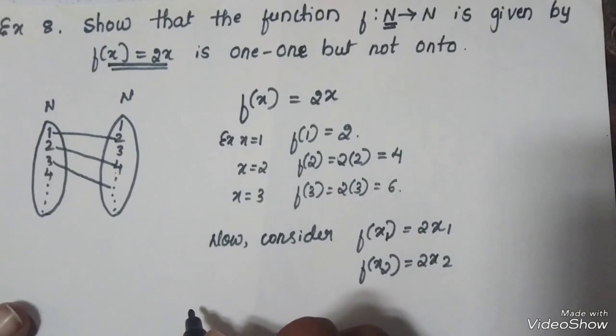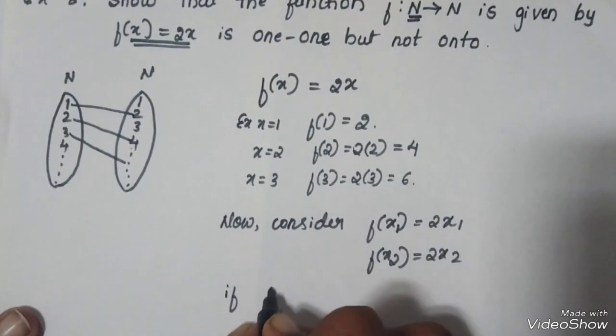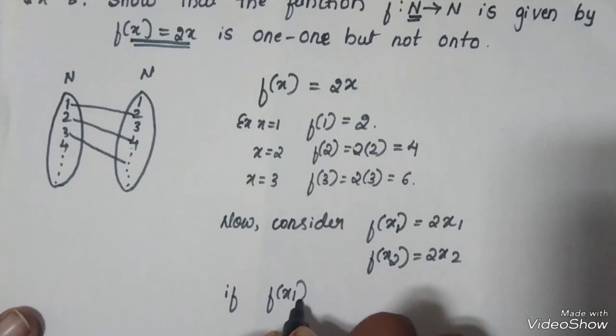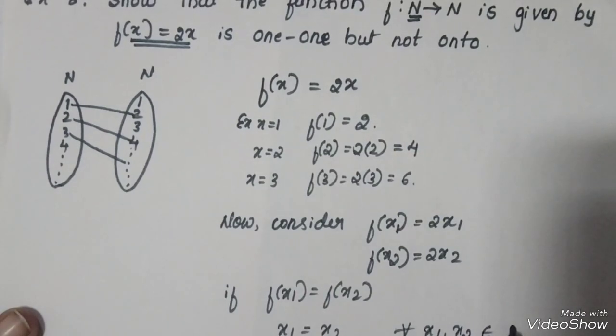By the condition of a one-one function, if f of x1 equals f of x2, then x1 equals x2 for every x1 and x2 belonging to the set of natural numbers.